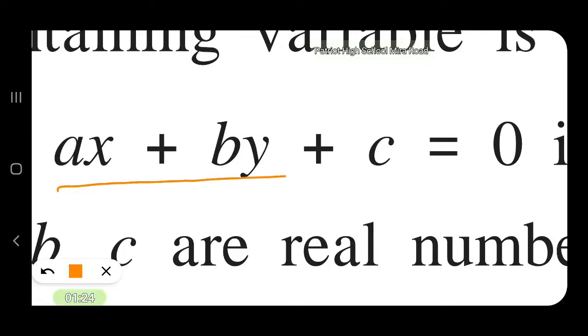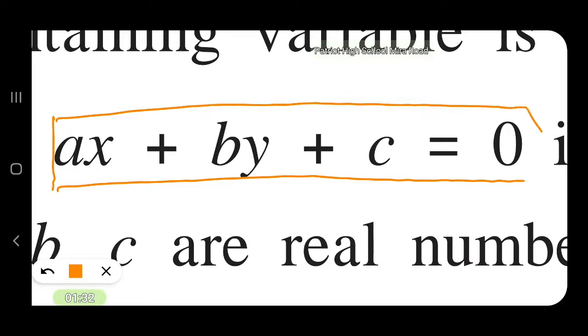ax plus by plus c is equal to 0 is the general form of an equation in two variables. This is one of the variables, this is another variable, y is another variable, and this is a constant. a is the coefficient of x and b is the coefficient of y.